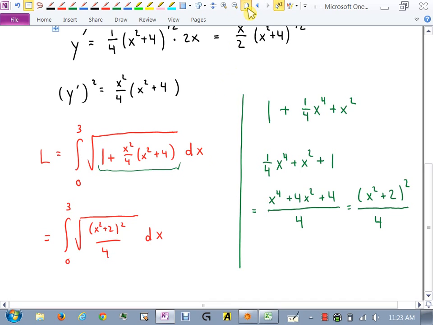So here we go, next page. Integral 0 to 3, x squared plus 2 over 2 dx, which is 1/2. Bring out the 1/2.